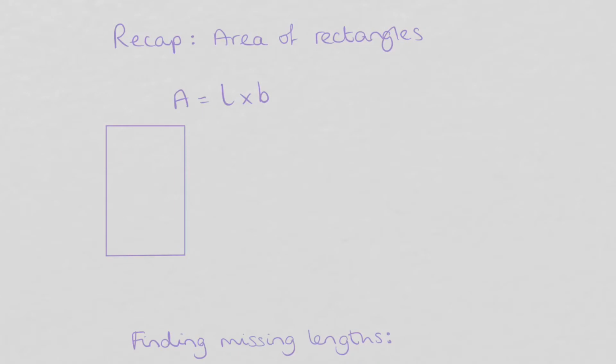To find the area of a rectangle, remember you're doing length times breadth, and it doesn't matter if you call that the length and that the breadth, or the other way around, because they're being multiplied together and the answer is the same. That has to make sense, because if that rectangle was drawn on its side, it'd still be the same rectangle, wouldn't it, with the same area?